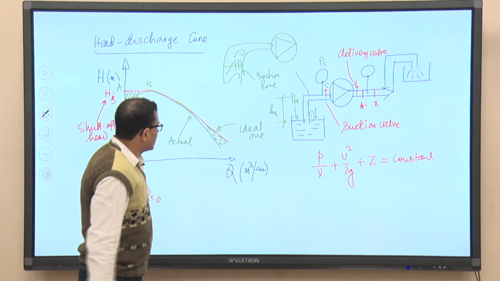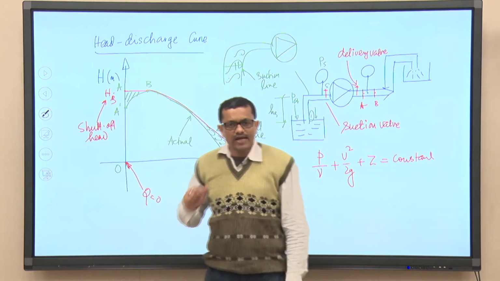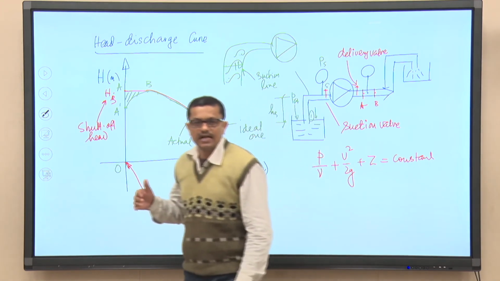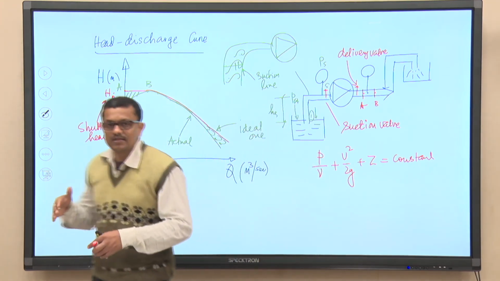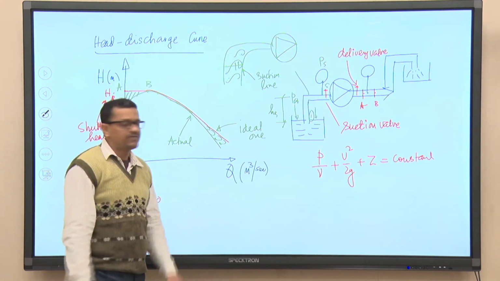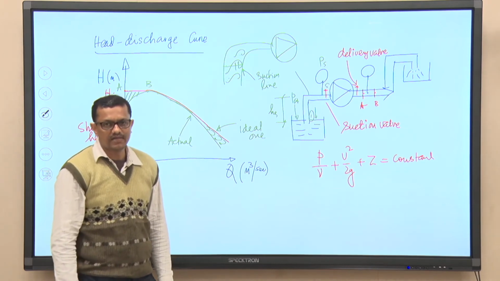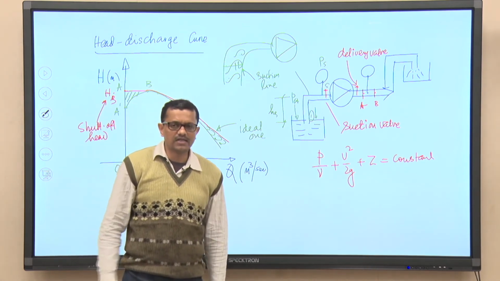One important point is that it is quite possible, in a real physical system, that the flow velocity is highly non-uniform in the suction line.